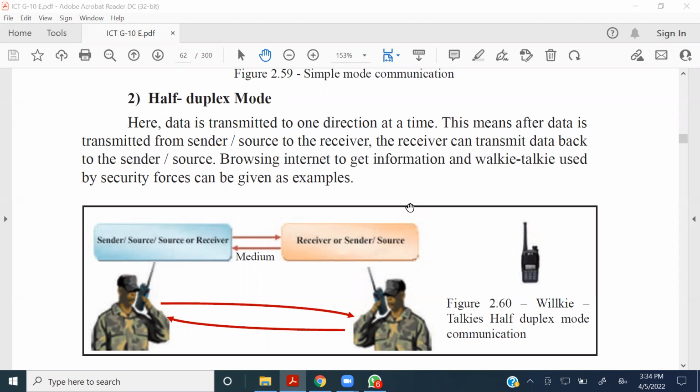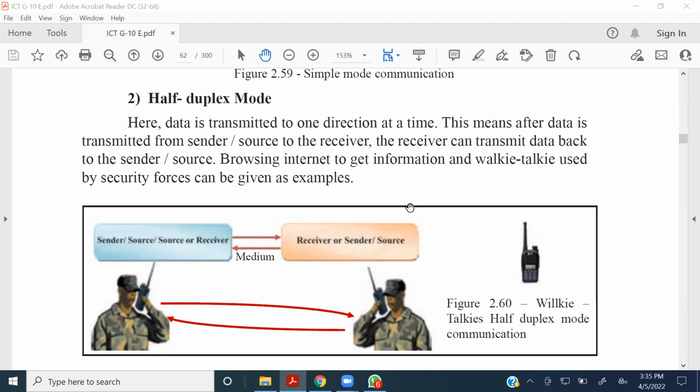One party can communicate to the other side, and the other party can communicate to the previous side as well, right? But the only thing you need to remember is, in half duplex mode, they can't communicate at the same time to both sides. That is why it is called half duplex.